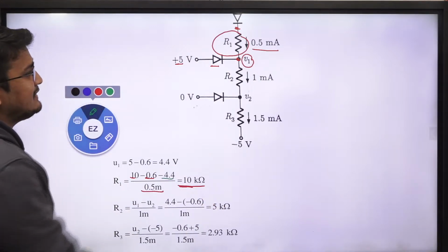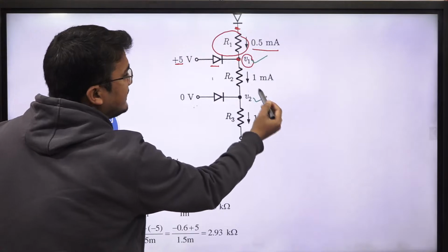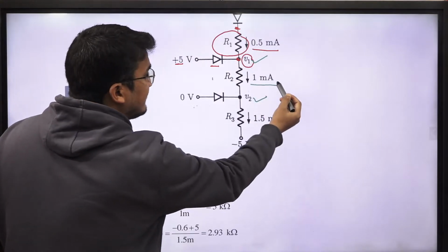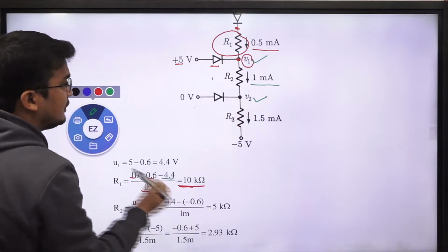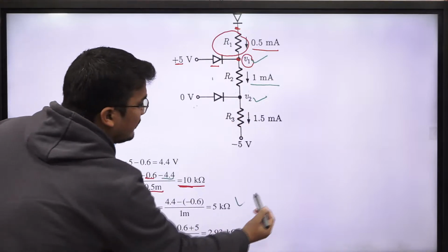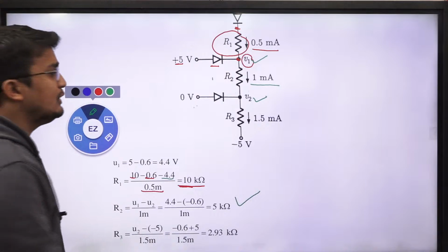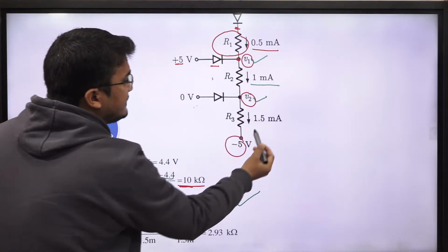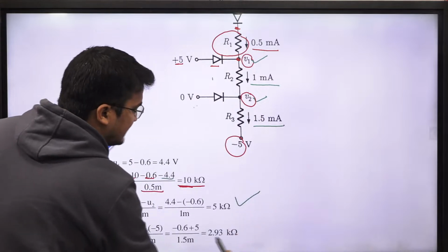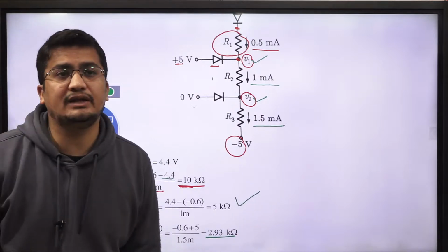The R2 value will be this voltage minus this voltage divided by this current. This value is 4.4 and this value is minus 0.6, so you will get 5 kilo ohm. Similarly, the R3 value will be this voltage minus this voltage divided by this current, so you will get this answer. The answer will be 10 kilo ohm, 5 kilo ohm and 2.93 kilo ohm.